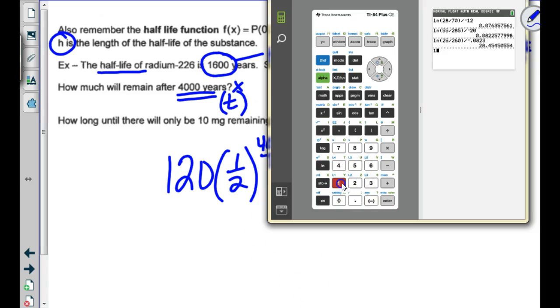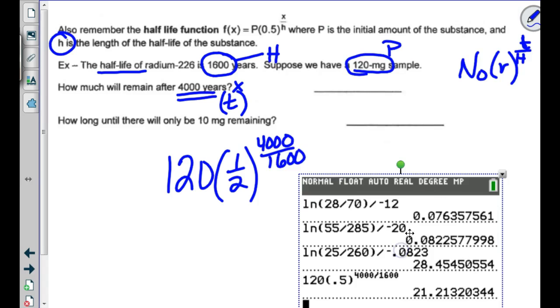So when we go 120 times 0.5 or 1/2 to the power of 4,000, make sure you're still in the exponent power, so you need a parenthesis if you're doing this on an old calculator, divided by 1600. I got 21.2, okay? So out of our 120 milligram sample, there is left 21.2 milligrams.